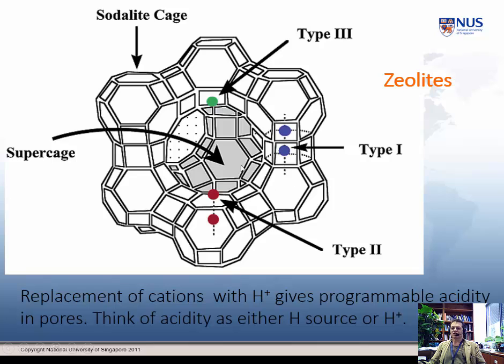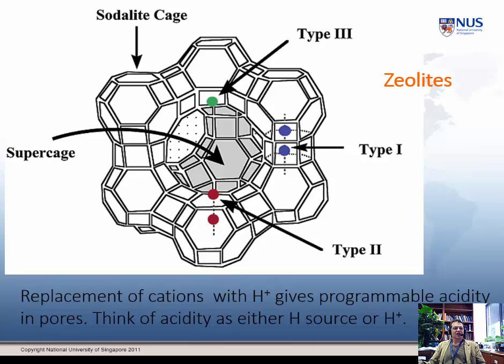But these are arranged in such a way in 3 dimensions that you have a large cavity, a so-called super cage in the middle. Now, there are a number of types of sites. There are so-called type 1 sites, type 2 sites, and type 3 sites, depending on where they are in the structure, and more a little later.